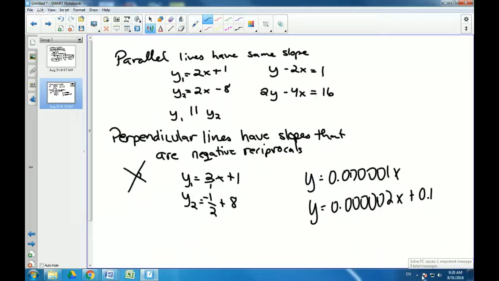How long is it gonna take those lines to intersect? Can you draw that? No. So you might run into issues like this where you have to algebraically say they are not parallel. Because if you draw them on a regular scale, like 0 to 10, they still look parallel. So be careful on graphical methods.